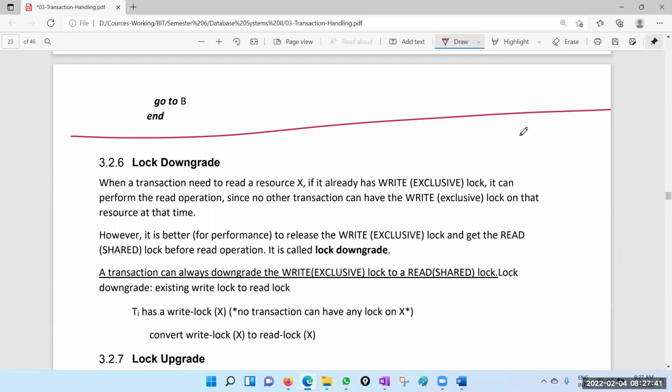Whenever your task is done, whether it's a read operation or write operation, you have to release your locks, because otherwise others are waiting. Other transactions are waiting. Immediately after your task is done, when your transaction is either rolled back or committed, you have to release that lock.